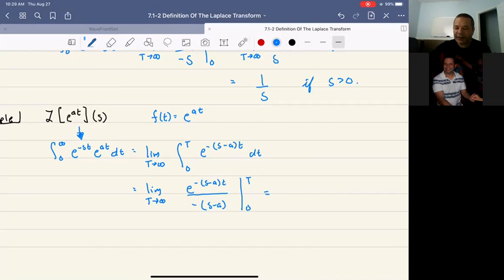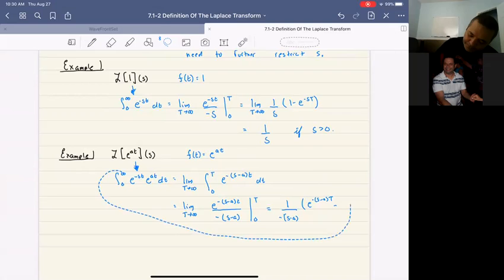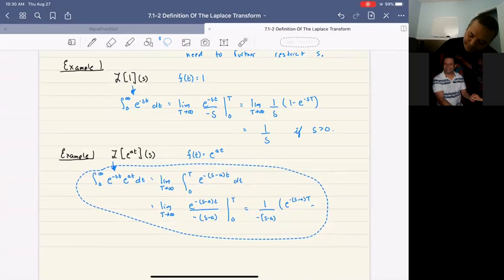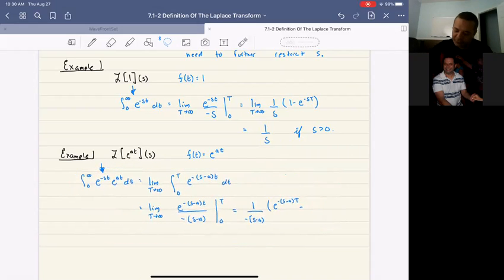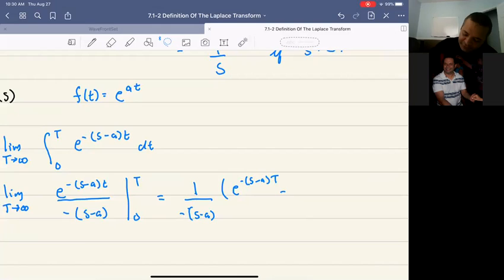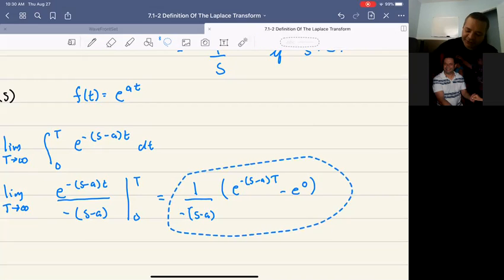When I plug 0 in, I get 1 over negative s minus a, times e to the negative s minus a times t, minus e to the 0. Again, I forgot my limit as t goes to infinity.